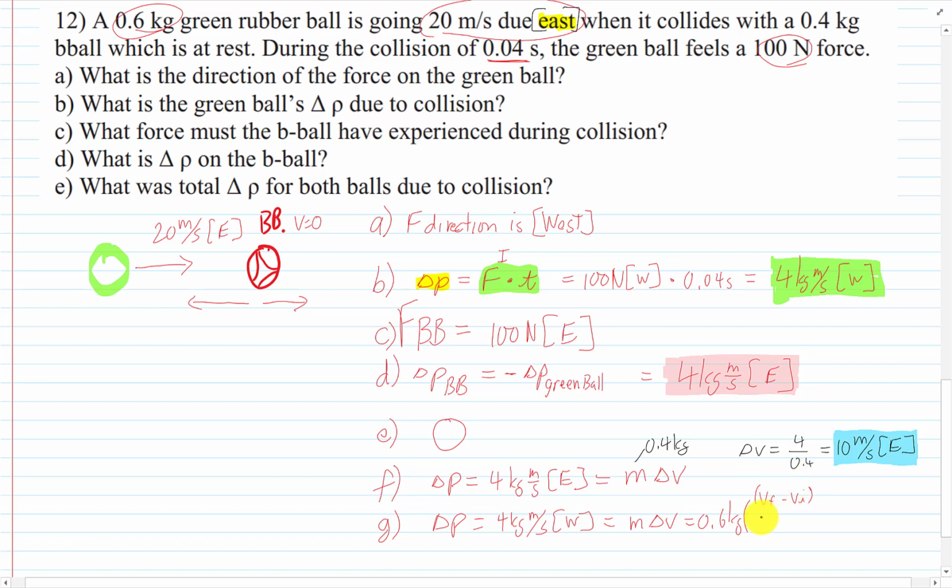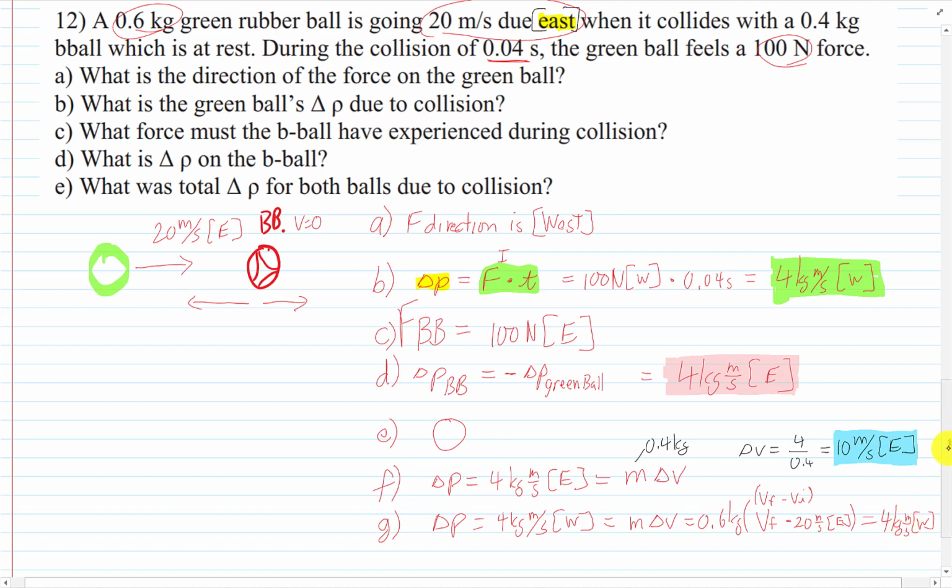Vf is what we're trying to solve, minus Vi, and what's the Vi? 20 east. Okay, and that has to equal 4 west.